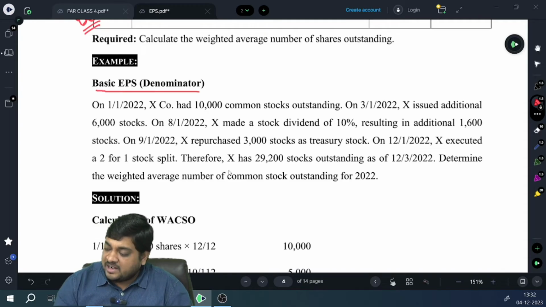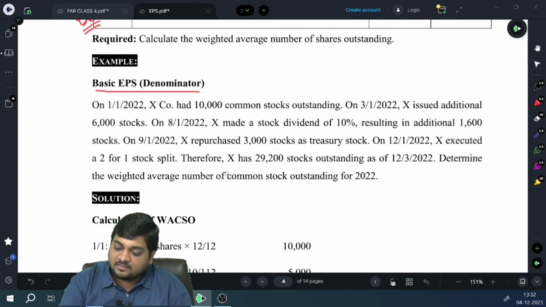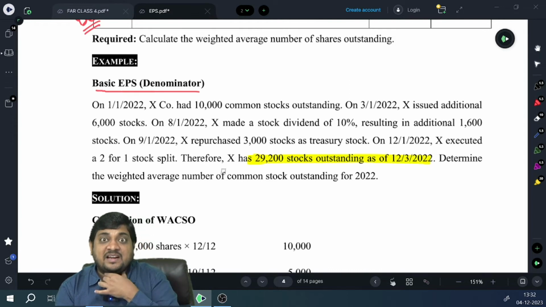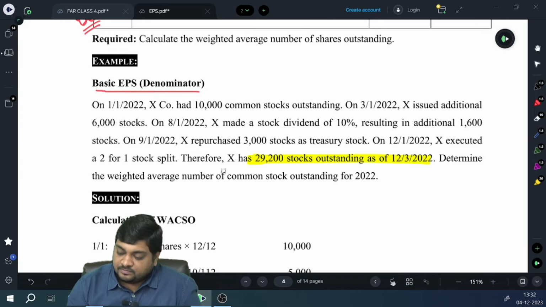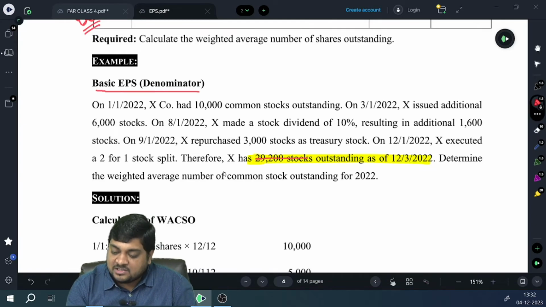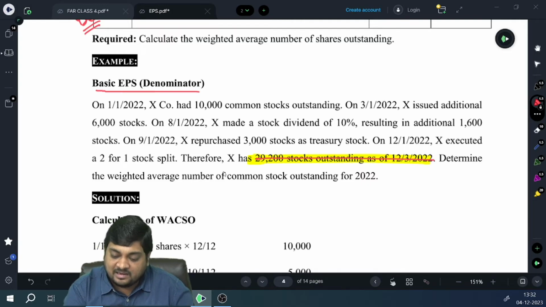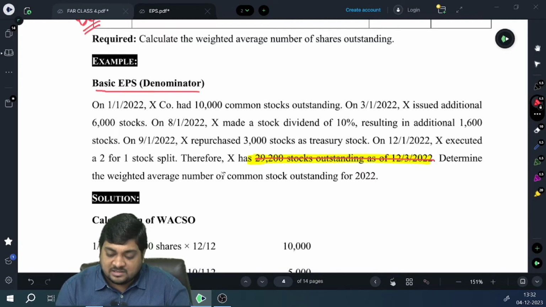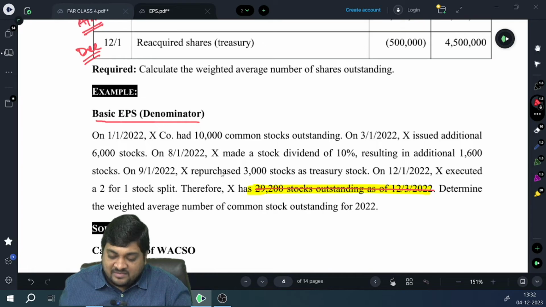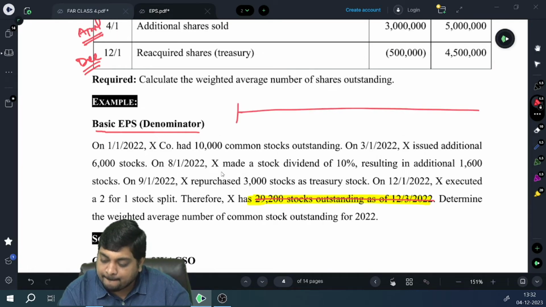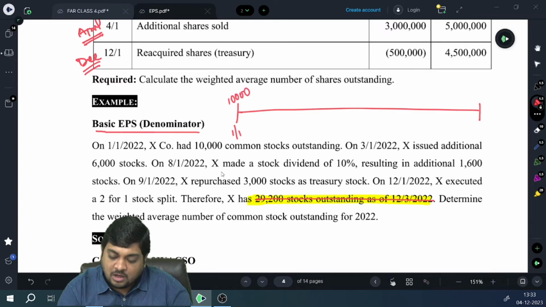Now this outstanding is not relevant out here. This is the actual outstanding they have given, but we need to consider the weighted average. So this particular number is not relevant for us. Don't get confused with this. Let me first draw the diagram once, and then accordingly we will move ahead. So in January we have 10,000 common stock outstanding.